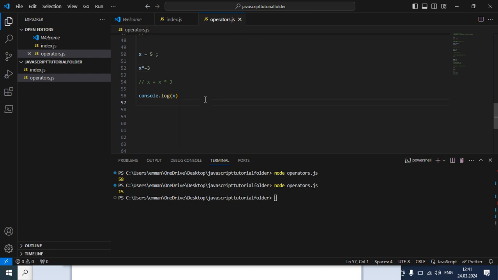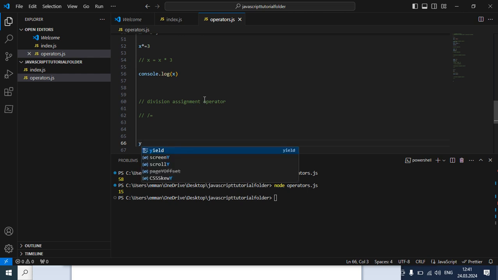So let's look at another operator. That is the division assignment operator. That is the same thing as doing something like this: division and equals to. So let's look at an example.